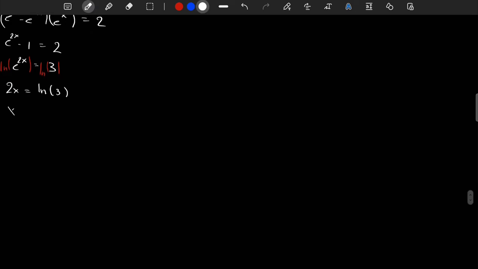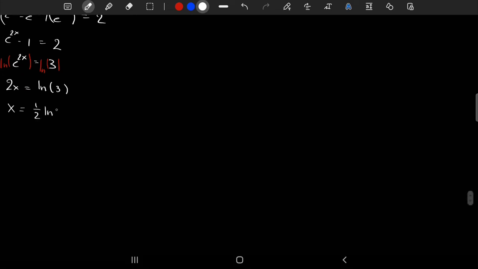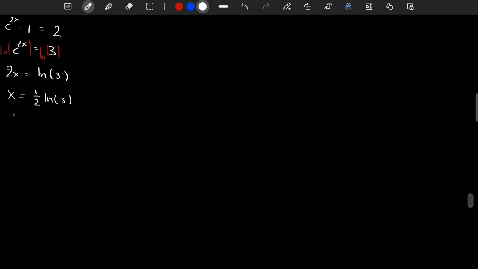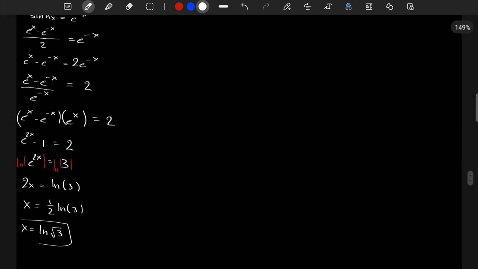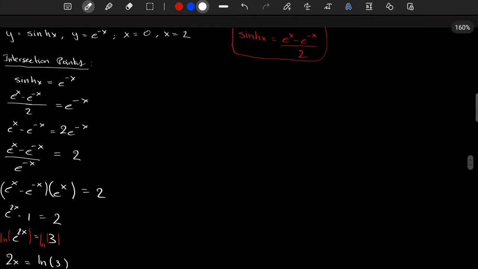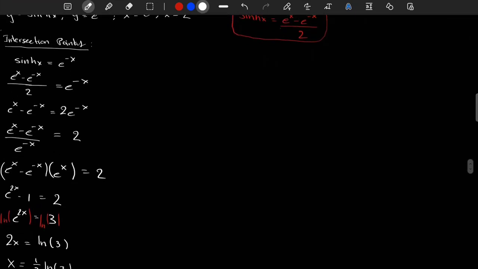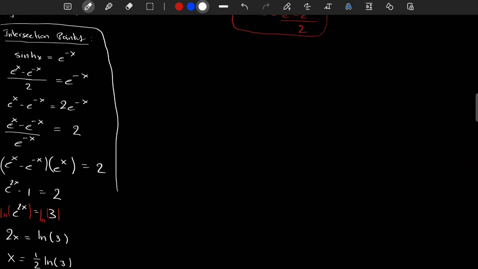Anyways, if we divide both sides by 2, we have x equals 1/2 ln of 3. From here, it's really just algebra, because you can bring the 1/2 up as a power, and then you would just have ln square root of 3. I prefer that, but however you prefer, really. There's no wrong or right way to do this.